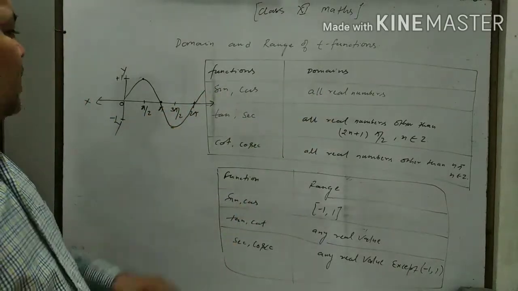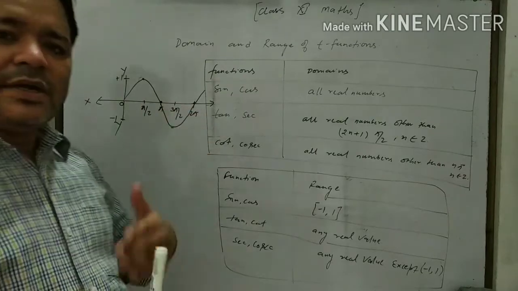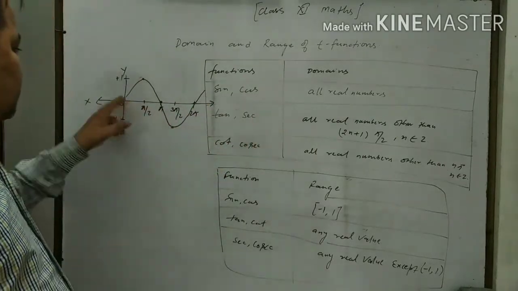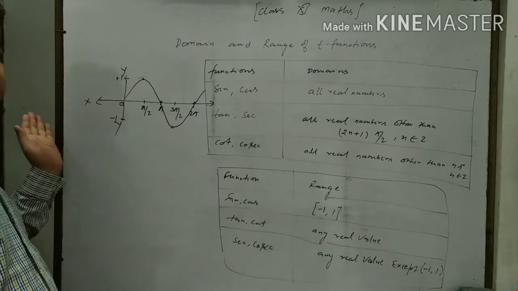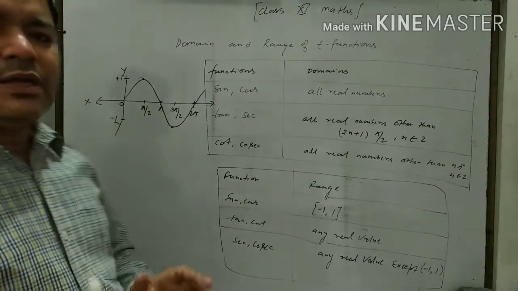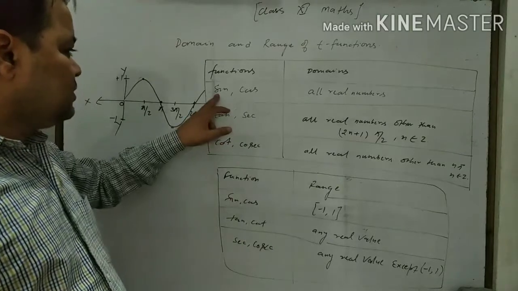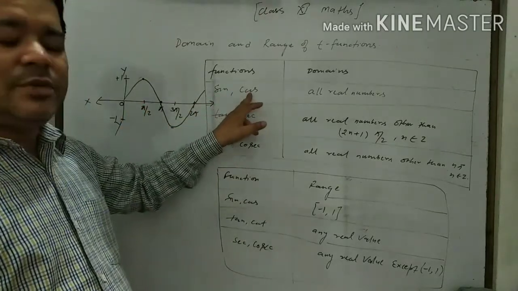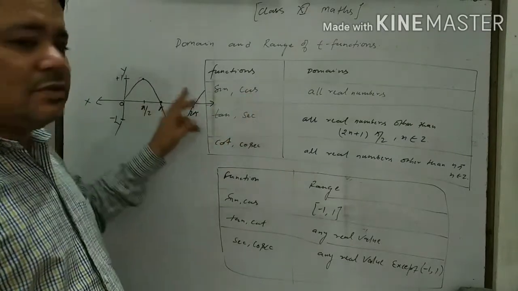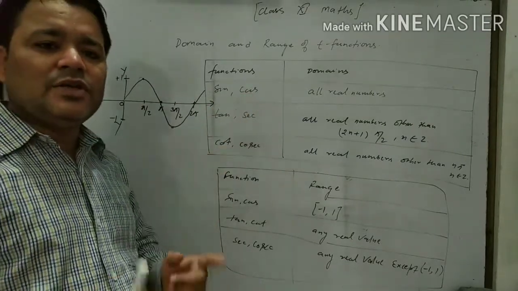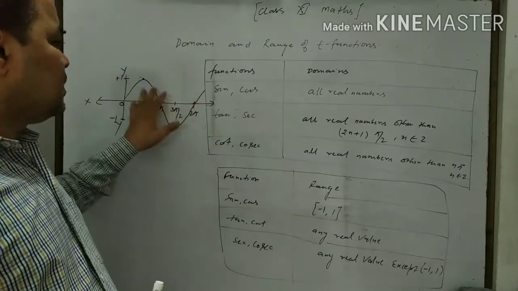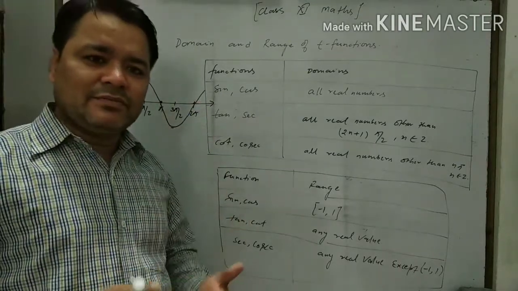The graph of sine repeats after 2 pi, and on this side also after minus 2 pi. So we can say that sine is a periodic function. Similarly, cos is also a periodic function, and their period is 2 pi.